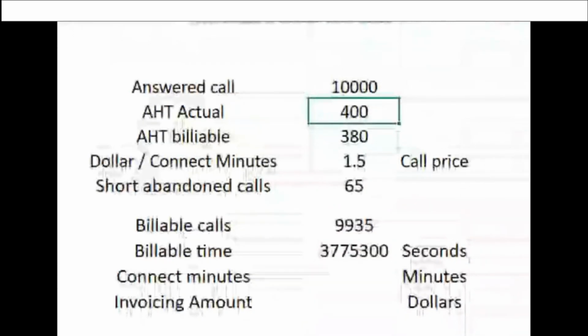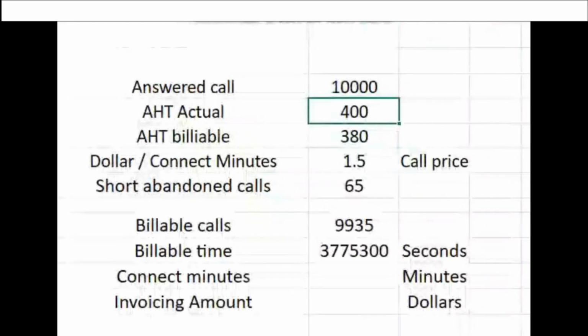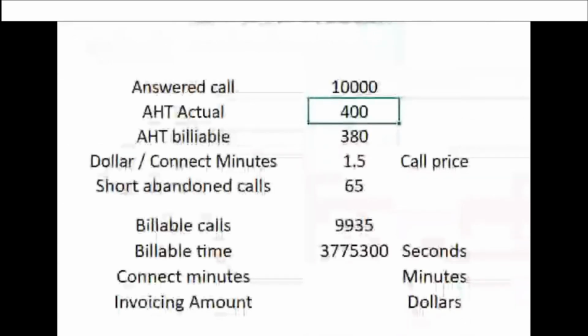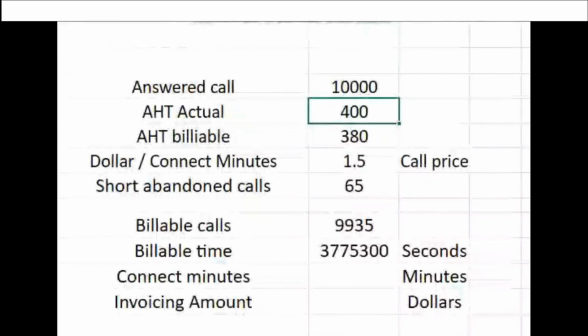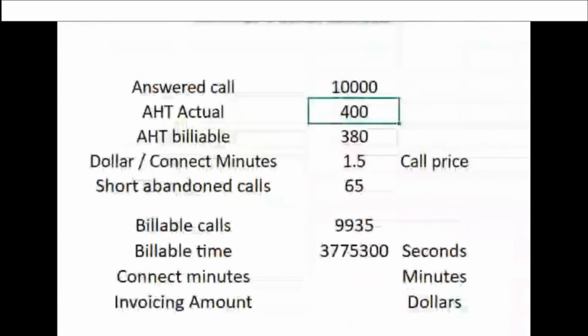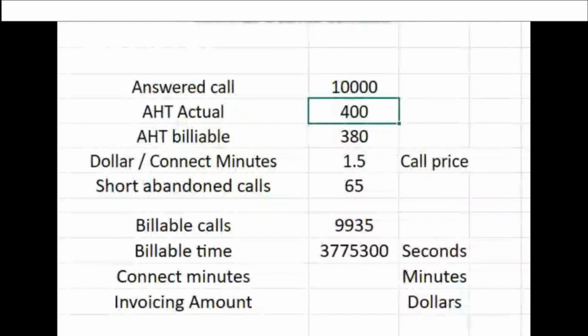Generally, the client has given the target that the AHT that could be billed would be 380 seconds. If the AHT is going above 380 seconds, only the AHT billable would be considered. If the actual AHT is less than 380 seconds, suppose the actual AHT is 350 seconds, then in the calculation the actual AHT would be taken.